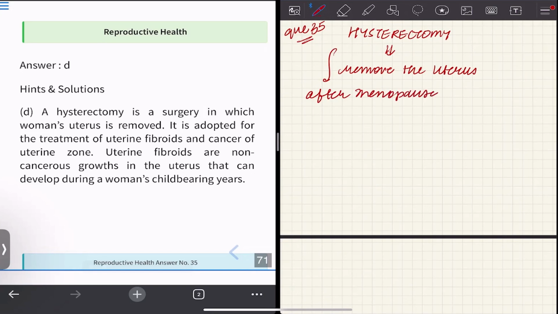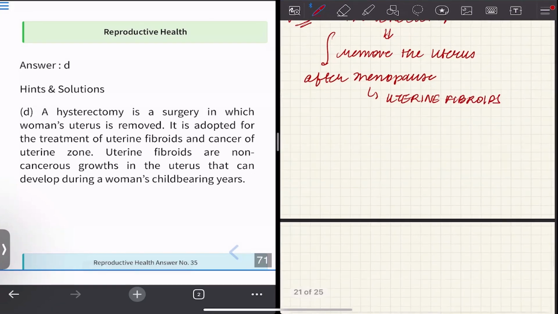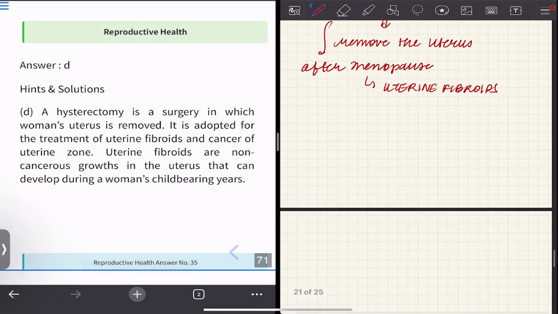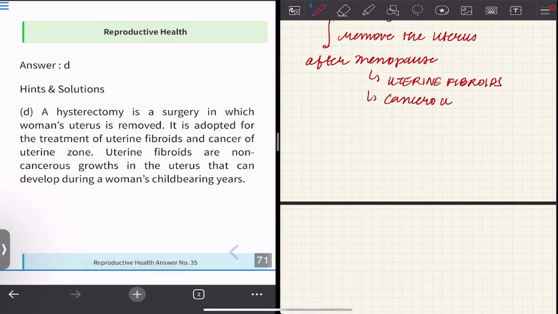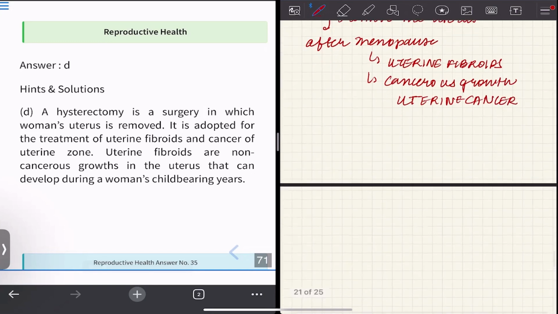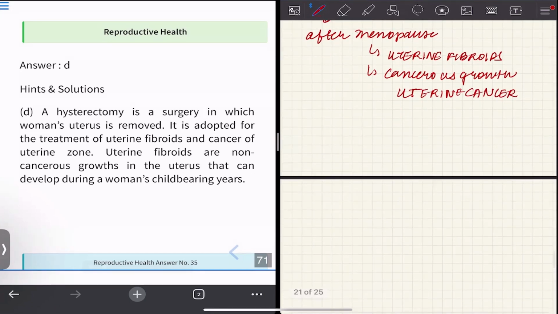And why do we do it after menopause? If there are fibroids present in the wall of the uterus, or there is a cancerous growth, if we have uterine cancer, we'll remove the uterus as a whole.